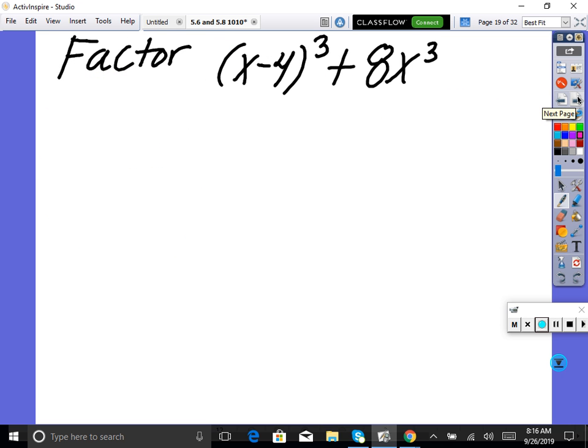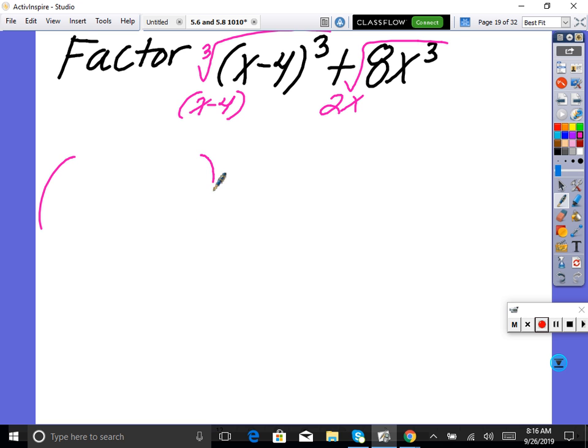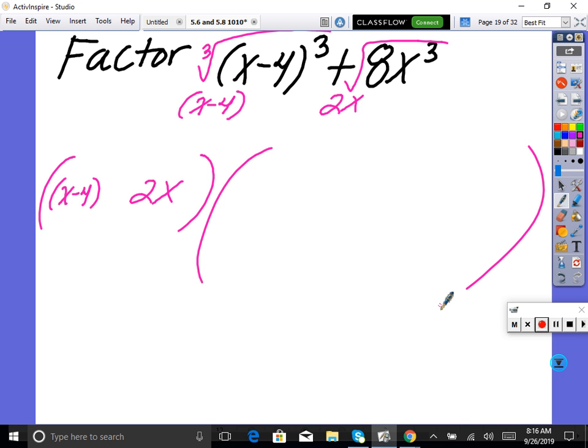I do want to go through this one. Is it 2 perfect cubes? So cube root the front thing, and I get x minus 4. Cube root the back thing, I get 2x. So I'm going to throw in some big parentheses here, and I put in x minus 4 and 2x. Now I've got to do my front times my front, very carefully.